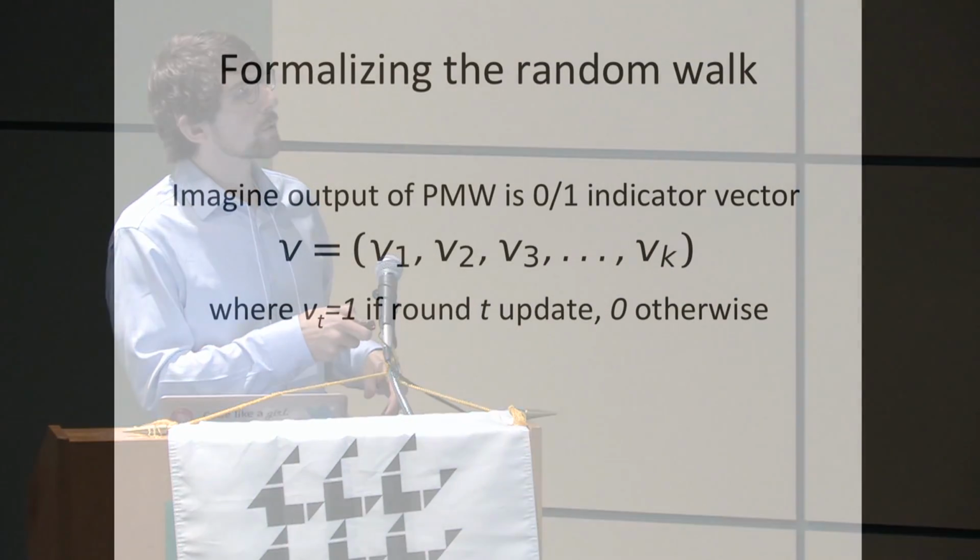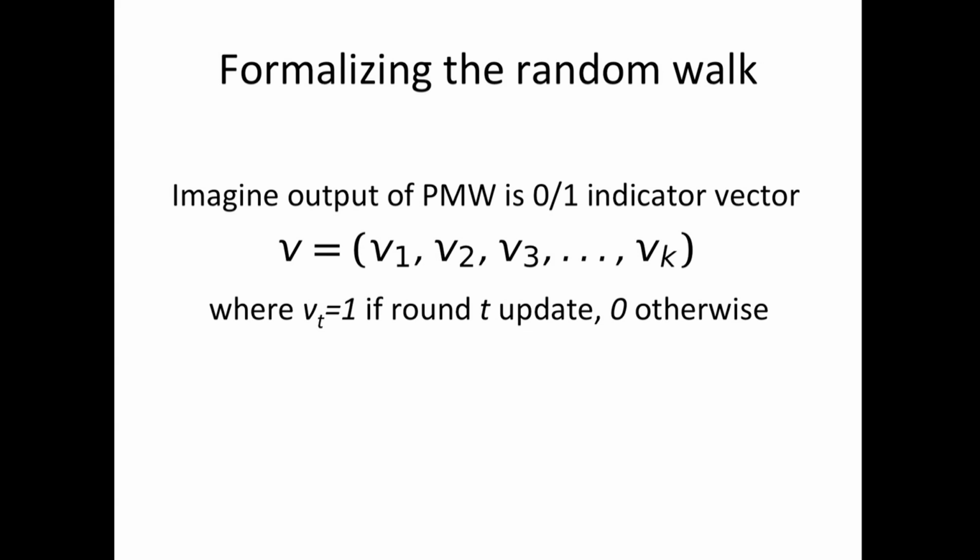So let's first simplify the setting. Let's suppose the output of our algorithm is actually just 0 or 1. The algorithm simply outputs whether or not an update has occurred. Okay? So the output of our algorithm is a 0-1 indicator vector of length k, which tells you whether in round t an update occurred or not.